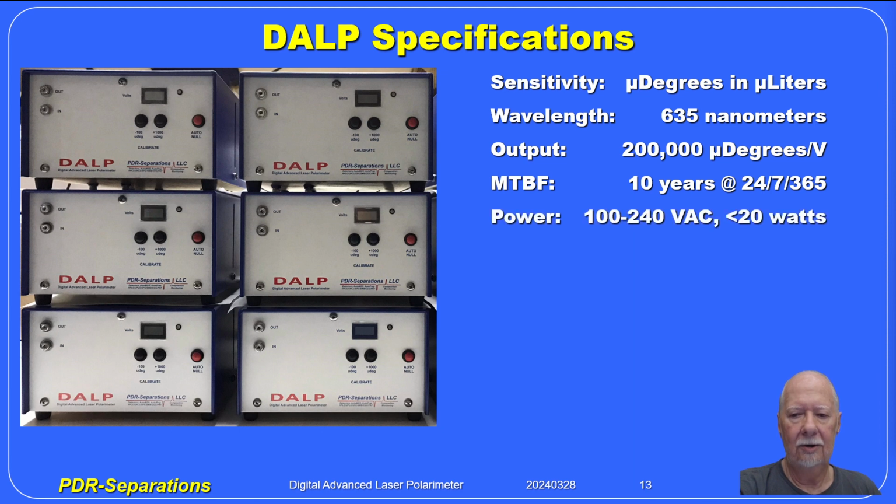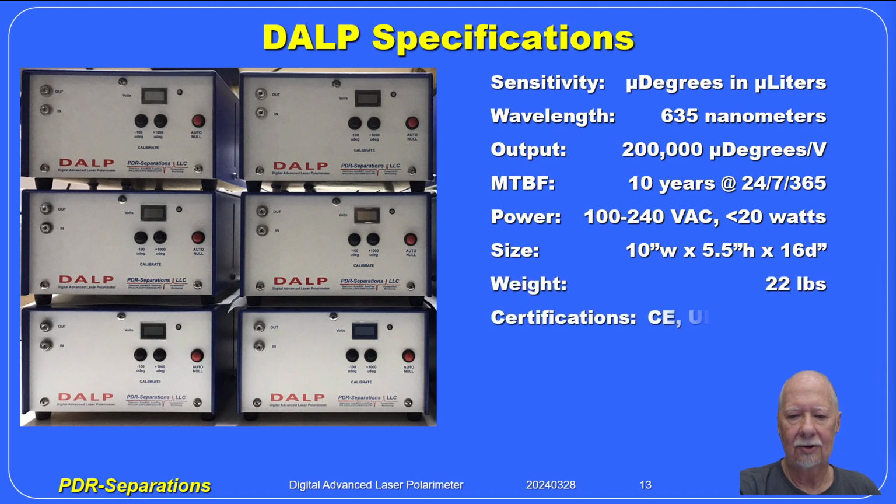Power 100 to 240 volts AC, less than 20 watts wall plug power. Size 10 inches wide, 5.5 inches high, 16 inches deep. Weighs 22 pounds. Certifications include CE, UL, CSA, TUV, etc.